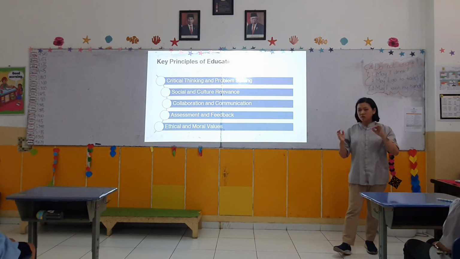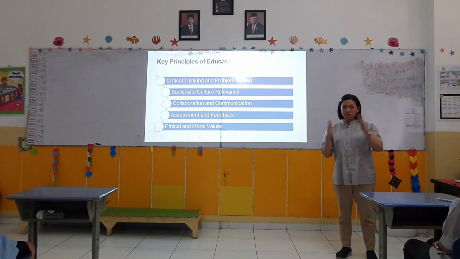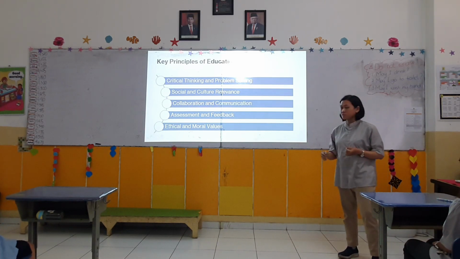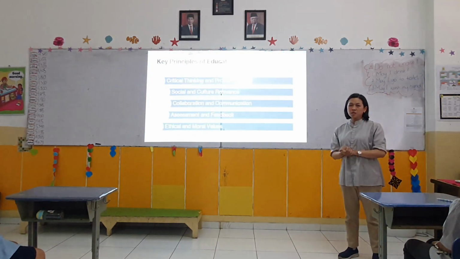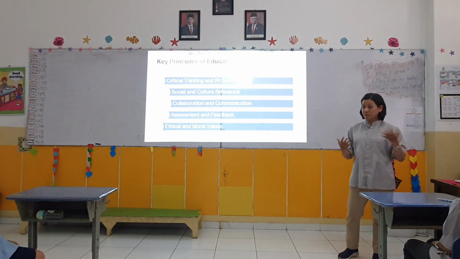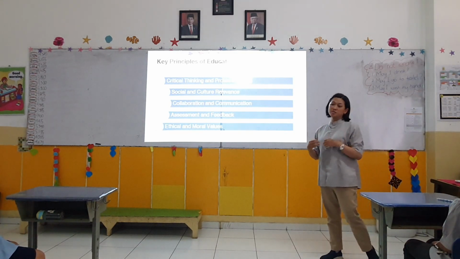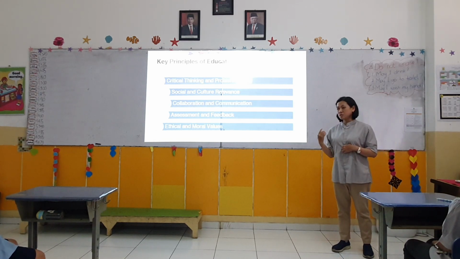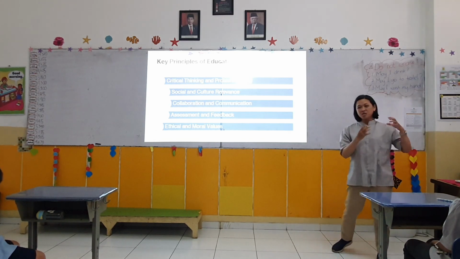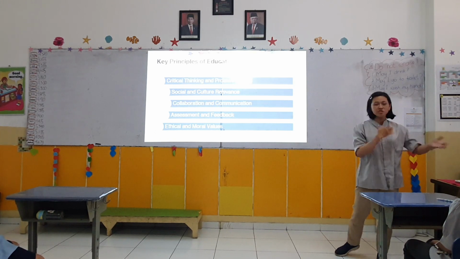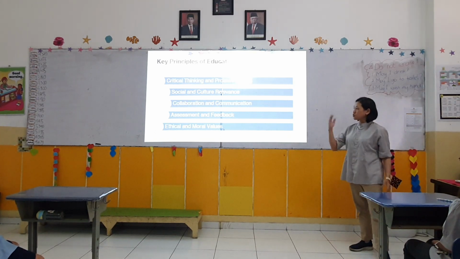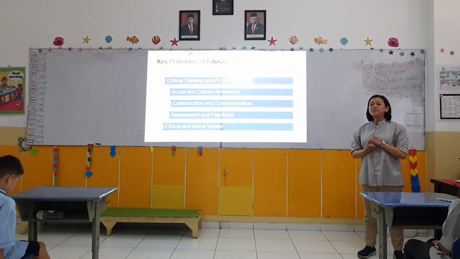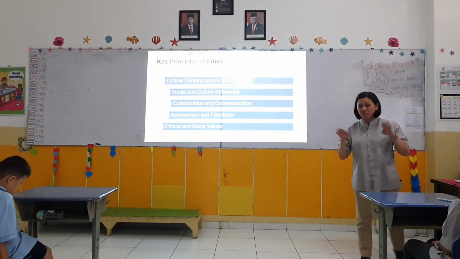We've known the result of competition in so many years, probably centuries, right? For those who were able to compete, they survived. How about the others who did not? So that's why we come up with collaboration and communication. You work together with people, so that you can have a better result than when you compete with each other.